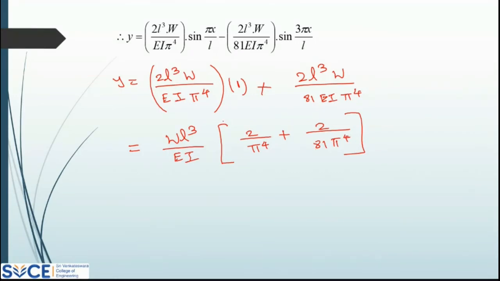You are getting around 1 by 48.1. So WL cube by 48.1 EI. So what we achieved in the previous class was 48.6, yes. Whereas here, it is a little bit closer.